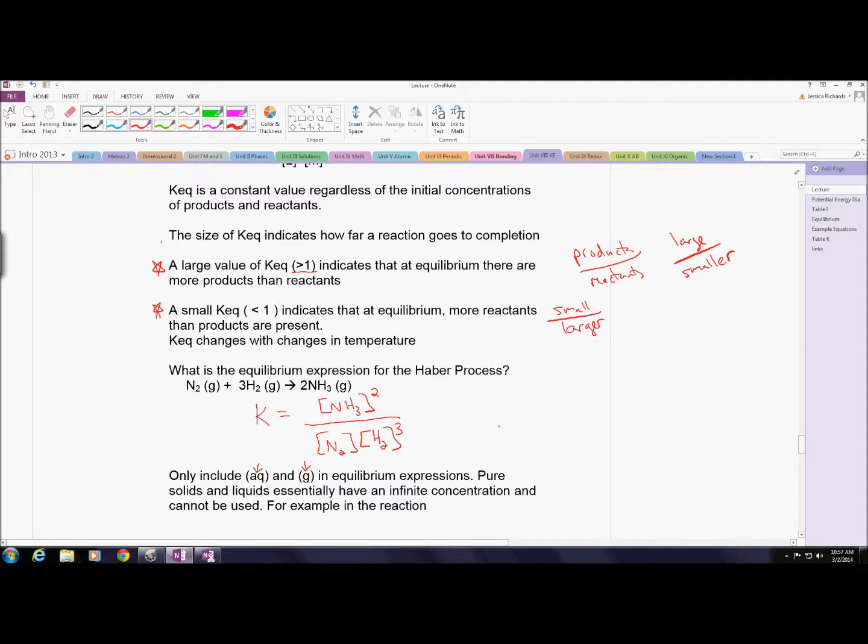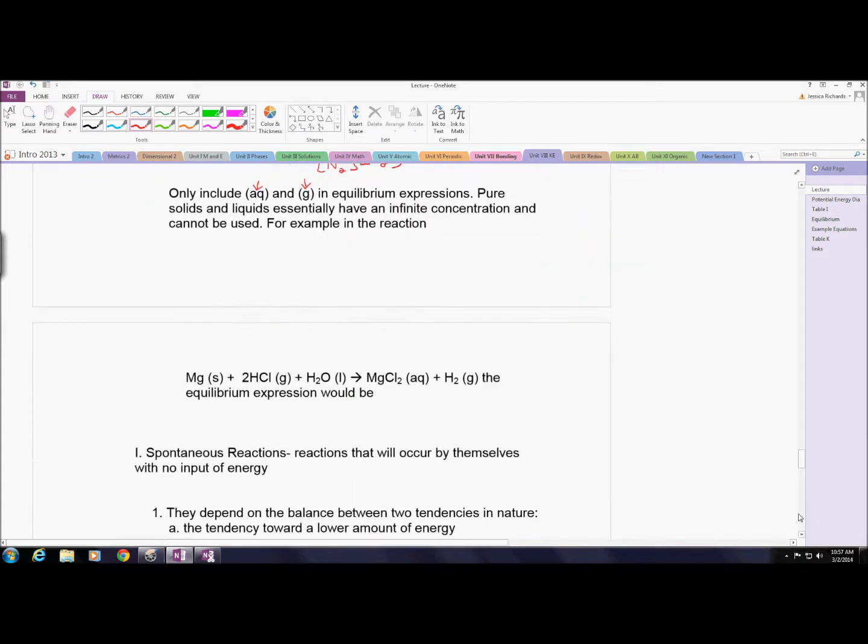And one of the ways that we can shift equilibrium is by changing the temperature, because reactions are either endo or exothermic. So if we add temperature, it favors the endothermic reaction and will shift your equilibrium equation. Be careful of those equations that have solids or liquids.